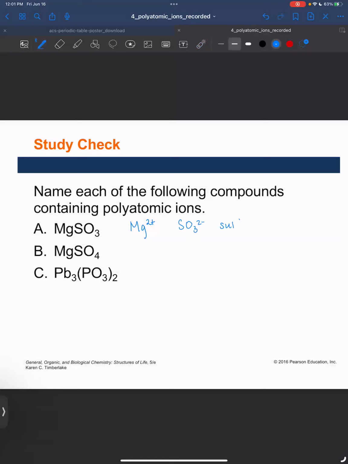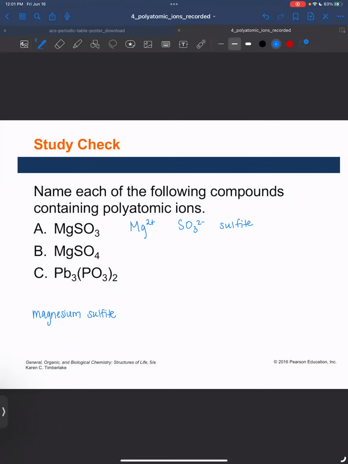So that's sulfite. Now, because magnesium is not a transition metal, doesn't have variable charge, we just write its full name, no Roman numeral needed, and then sulfite also, its name as is.